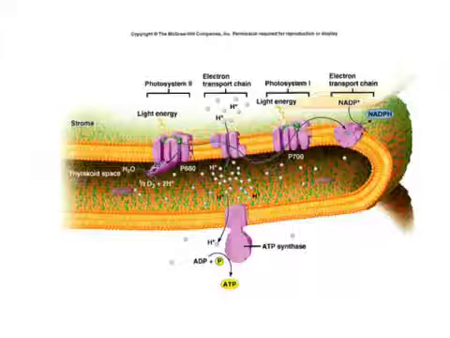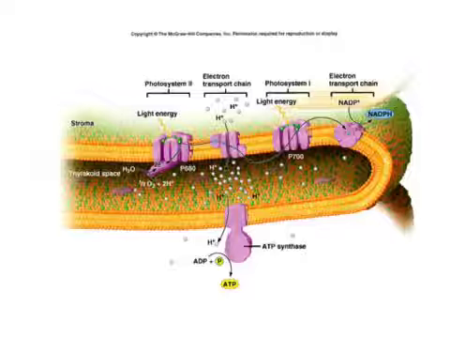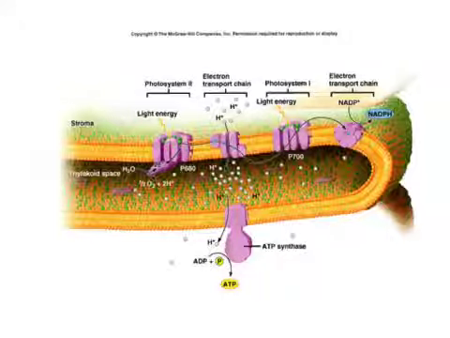And this is just a picture from a book so you can see what it looks like all pretty as opposed to my drawings. So same thing, you can see photosystem 2 here, photosystem 1 here. These are the electron transfer chains. Here is the molecule that makes NADPH. Here is ATP synthase, which makes ATP.